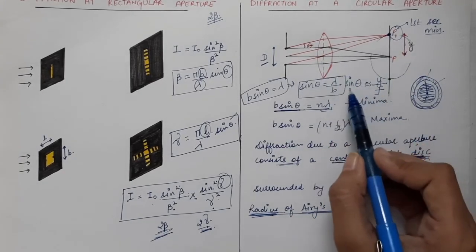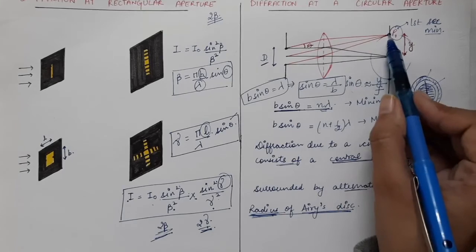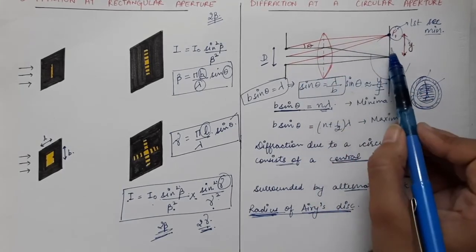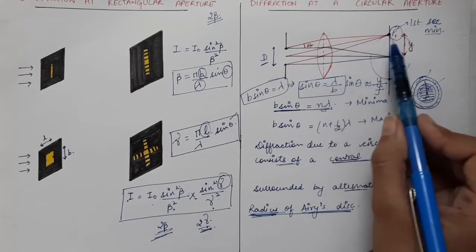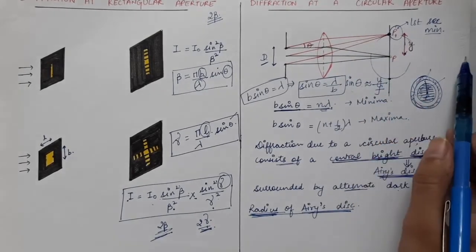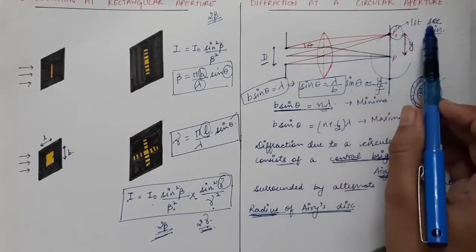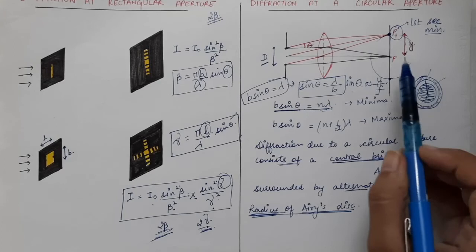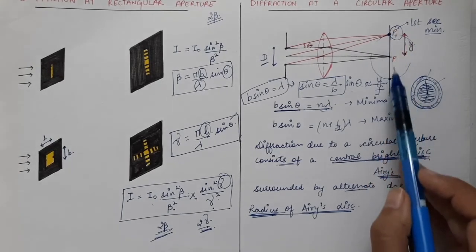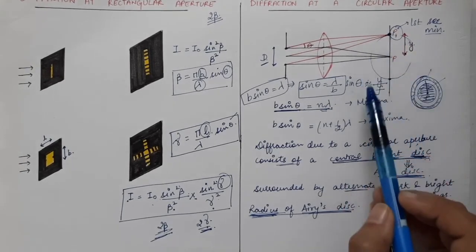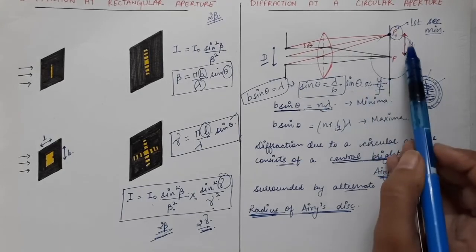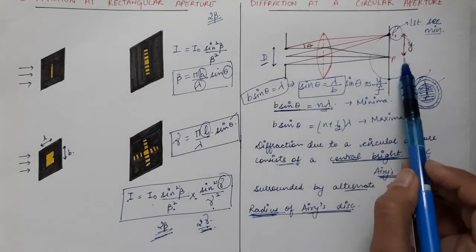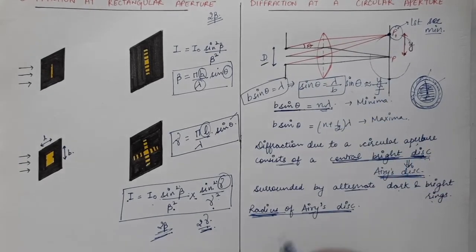So sine theta will be approximately equal to y divided by the focal length, because sine theta is nothing but perpendicular over hypotenuse. But when the screen is placed at a very large distance, the hypotenuse and the base are of approximately the same length. So sine theta can be put approximately equal to y, which is the radius of the Airy's disk, divided by the focal length of the lens.